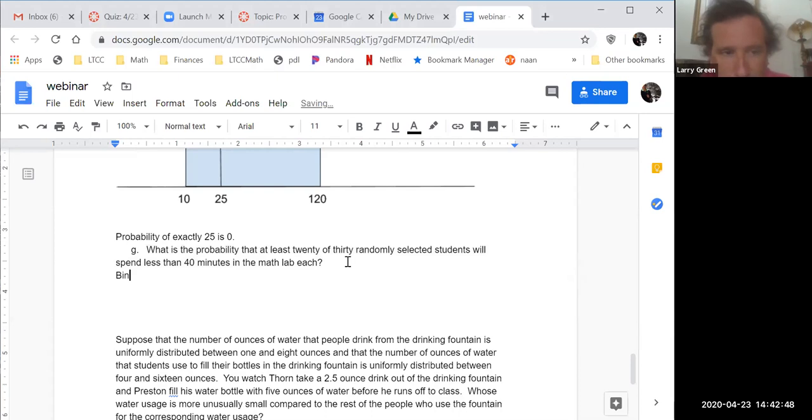Now let's get the pieces that we need out of this. Okay, so we've got a binomial distribution. All right, how many trials are there for this binomial distribution?